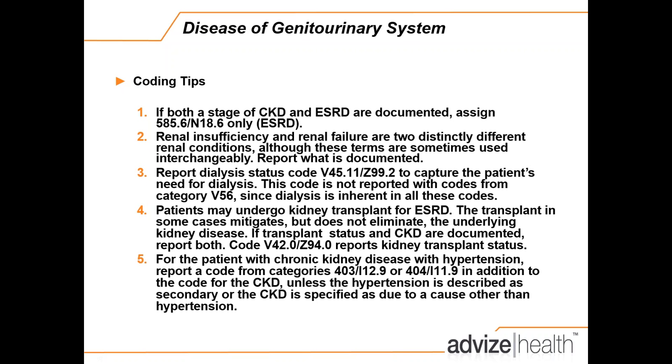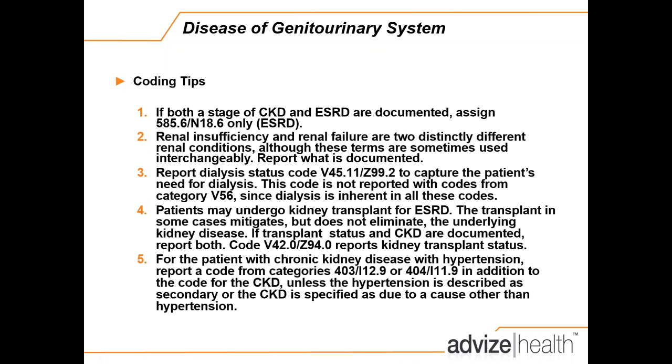Some more coding tips. If both a stage of CKD and ESRD are documented, assign the ESRD only. Renal insufficiency and renal failure are two distinctly different renal conditions, although these terms are sometimes used interchangeably. So again, just make sure we know the difference between the two. Report dialysis status codes to capture the patient's need for dialysis.